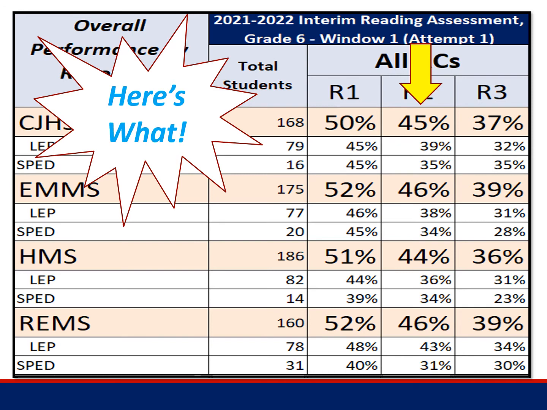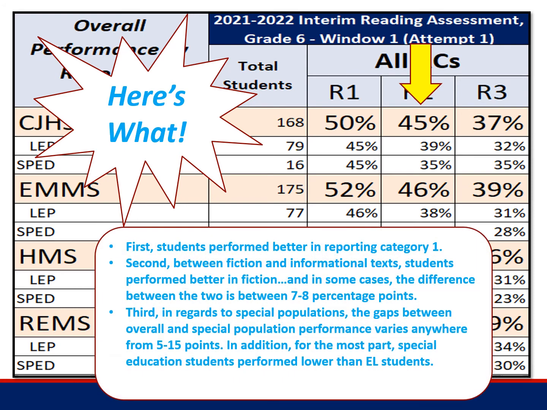Third, in regards to special populations, the gaps between overall and special population performance vary anywhere from 5 to 15 points between overall performance and special pop performance.